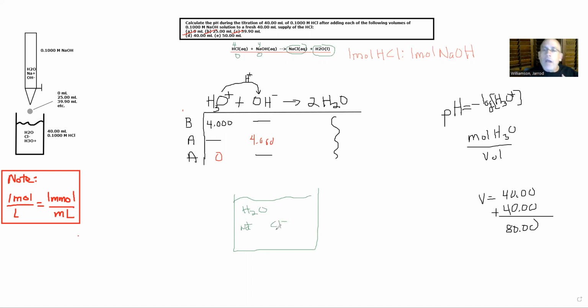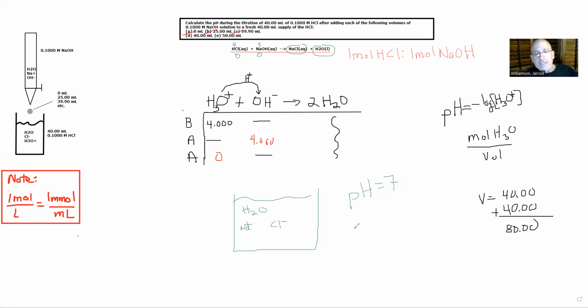Sodium ions and chloride ions are both spectator ions. So they're not doing anything. So what's the pH of this pure water solution? The pH will be 7. Why is the pH 7?